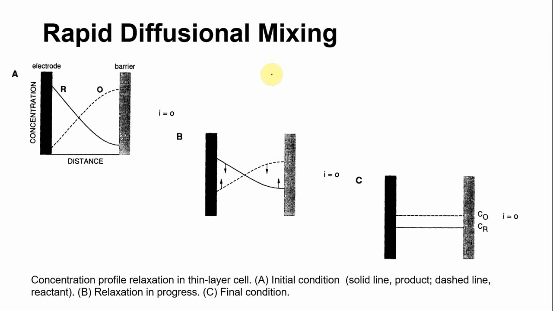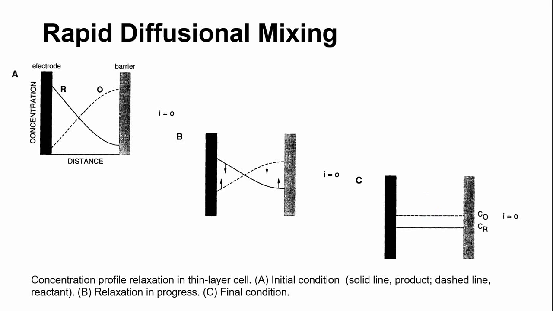This one is again the initial condition, where R gives this solid line and O, the oxidized species, gives this dashed line. Here the relaxation process is taking place, that is, the concentrations are mixing among each other due to diffusion, and after some time these concentrations become constant and there is no more change in them, and this process takes place rapidly.